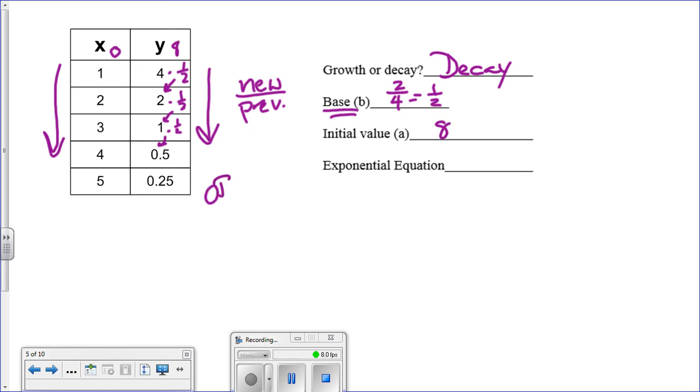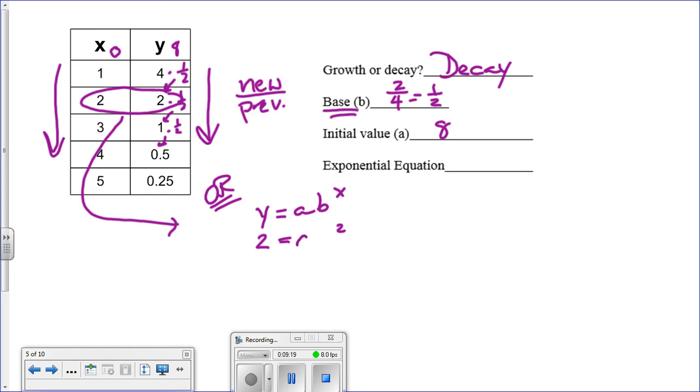Now you could do that, or you could do this. Y is equal to a times b to the x. Pick a point, any point. I like 2, 2 because it's easy. So that means my y value is 2, my x value is 2. I don't know my a value, but I do know my b value is 1/2.